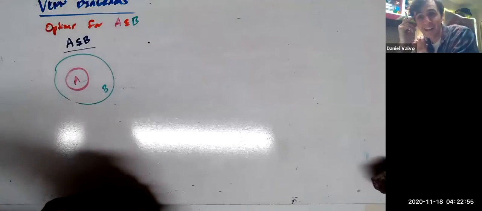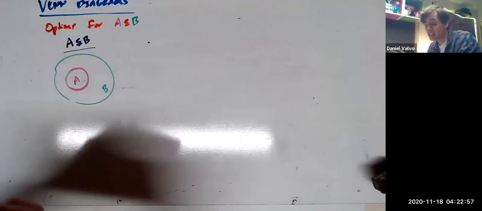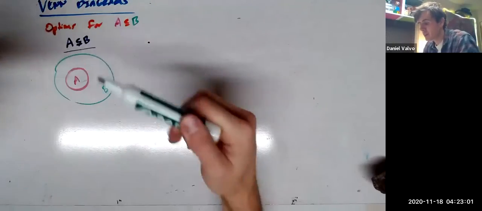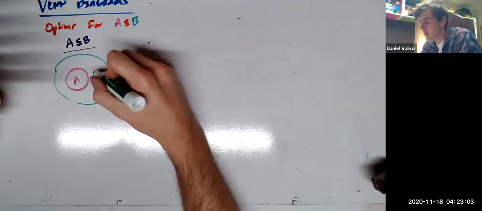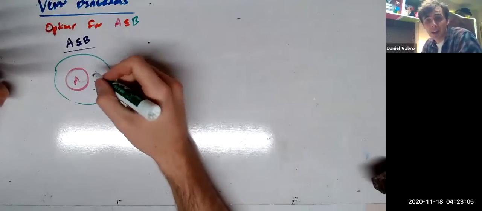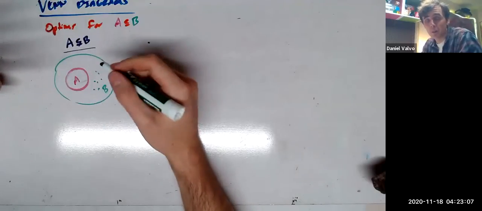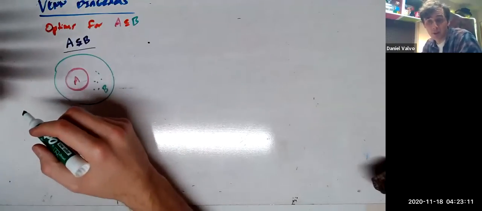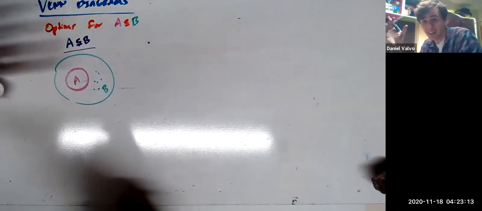Proper. A is a proper subset of B because you can see clearly here that B is bigger than A. There's some elements out here. B contains elements that aren't in A. So A is a proper subset of B. It's not the whole thing. It's a subset.